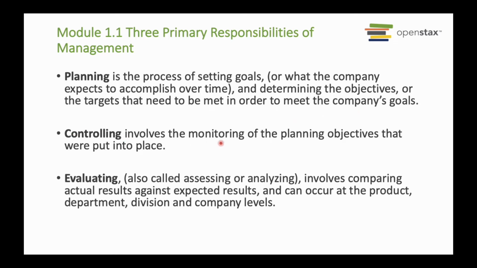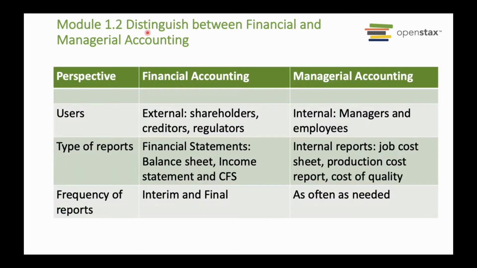Controlling involves the monitoring of the planning objectives that were put into place. Evaluating involves comparing actual results against expected results, and this can occur at the product, department, division, and company levels.